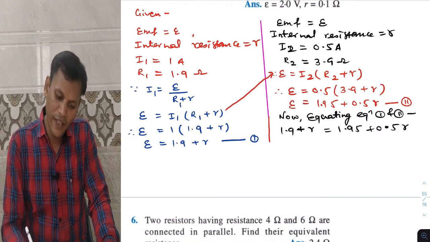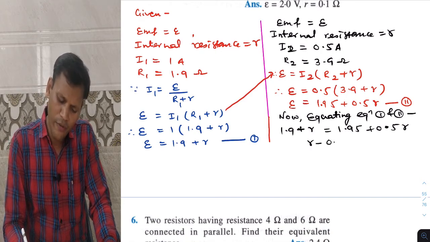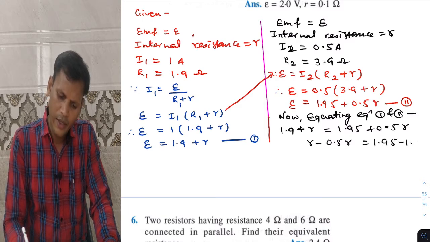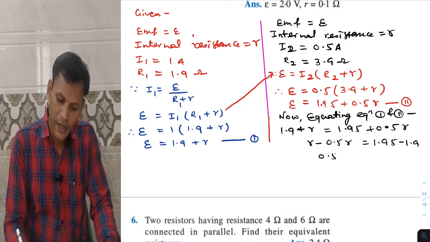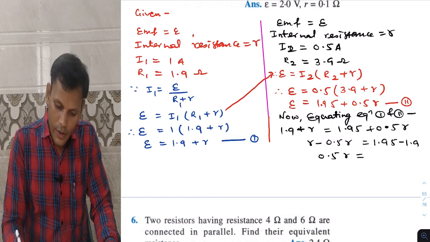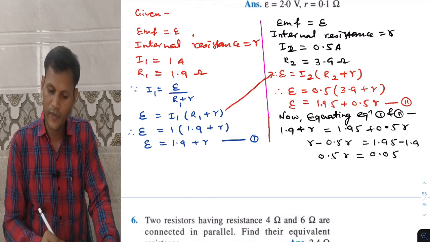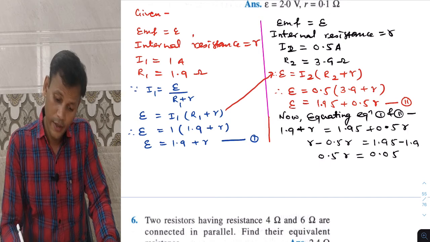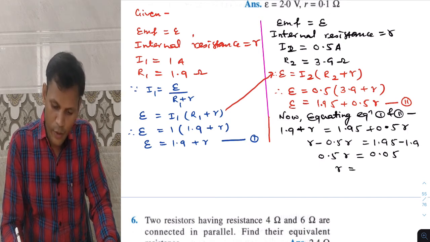So r is to be found out. r minus 0.5 r will be 1.95 minus 1.9. So you will get 0.5 r is equal to 0.05. So small r will be 0.05 by 0.5.